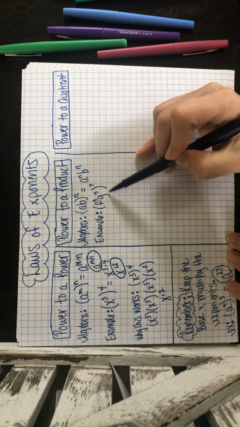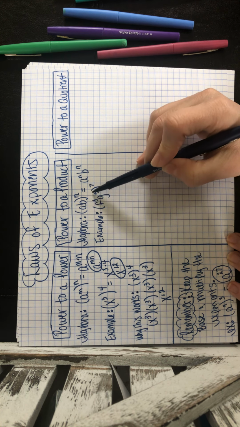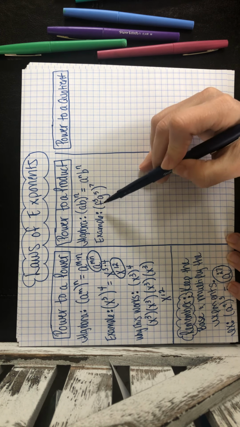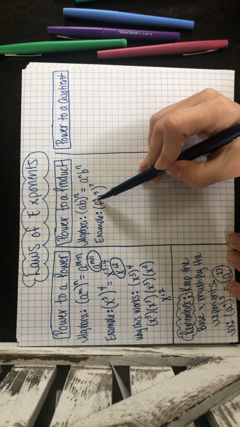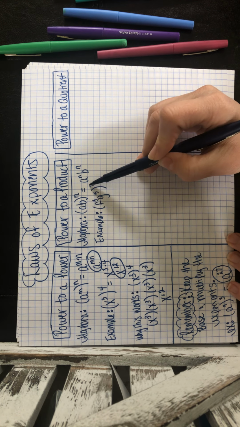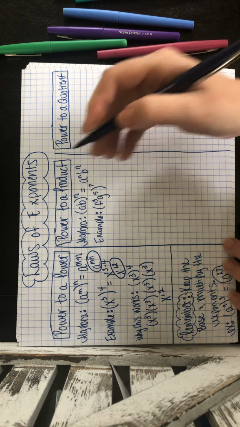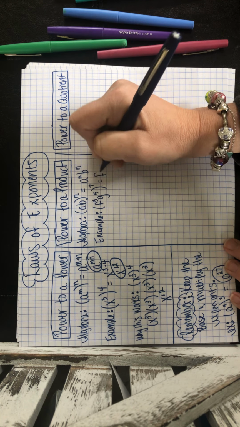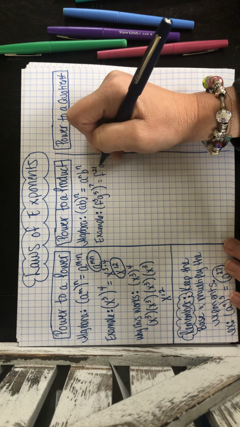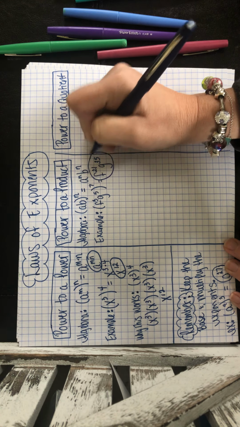So if we have 7 of these quantities, that means we have 7 of these and 7 of these. So we could add 3 7 times or add 5 7 times, or do our shortcut and just do this times this exponent and this times this exponent. So that is going to give us F to the 21st, G to the 35th is going to be the answer for that.